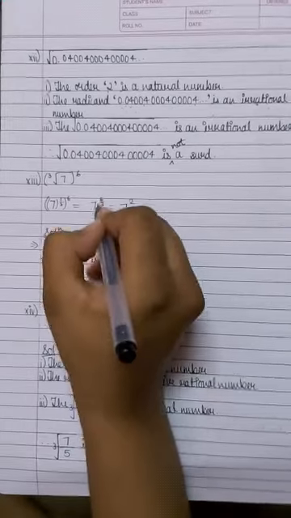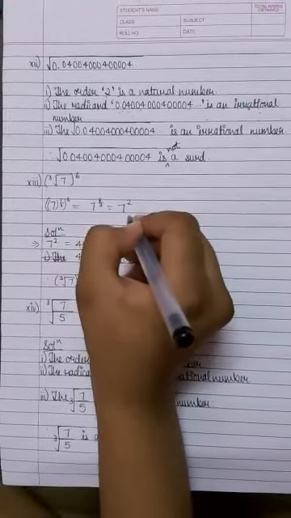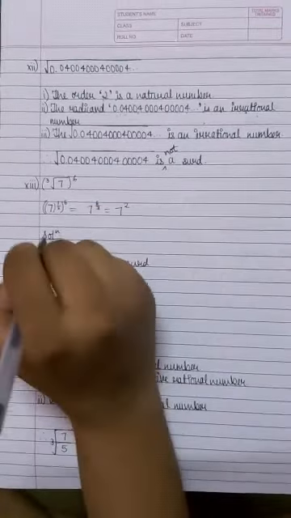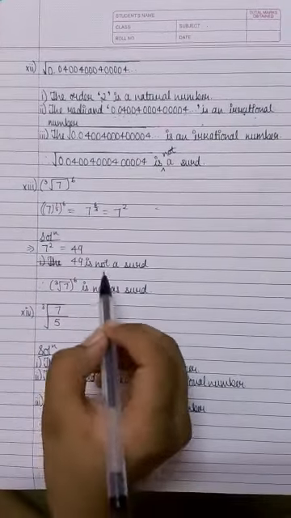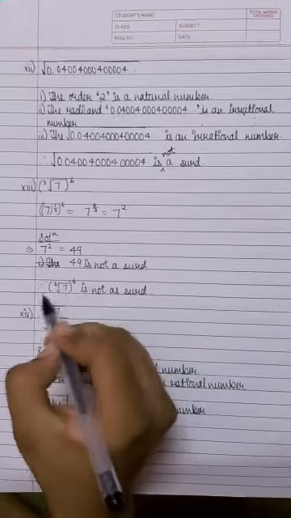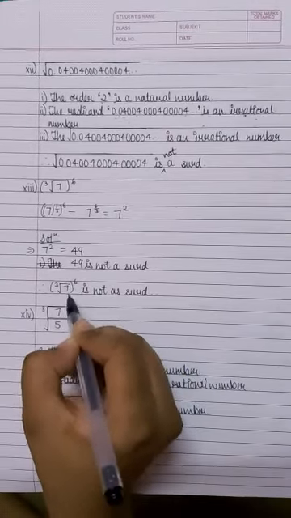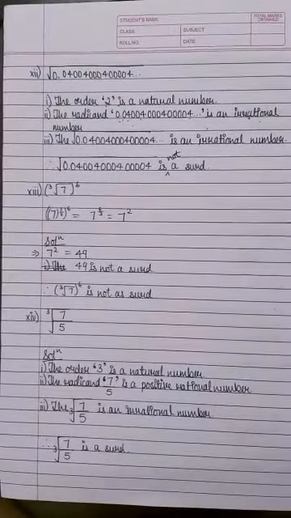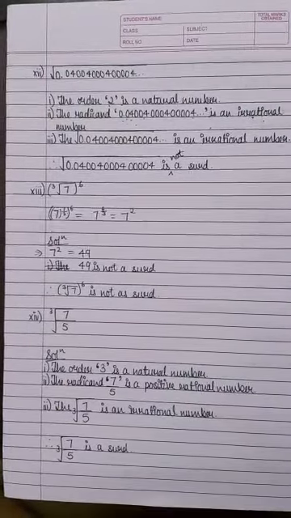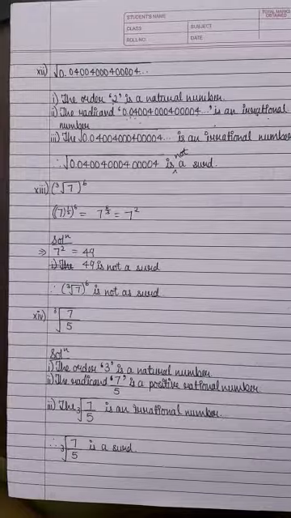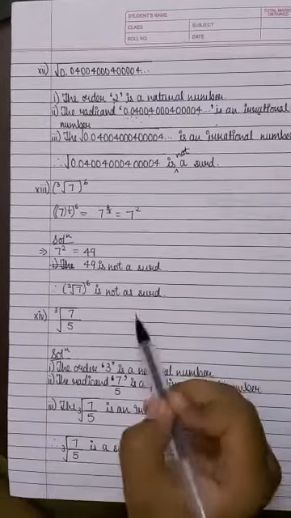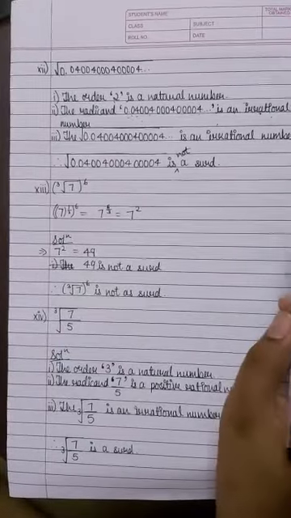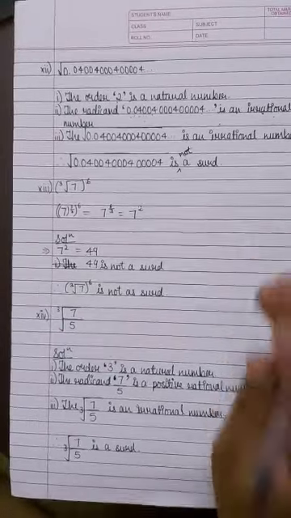So we can write 6 by 3, and 6 by 3 is nothing but 2. 7 to the power 2 is 49, and 49 is not a surd. So we write third root of 7 raised to 6 is not a surd. It's as simple as that. Or you can write 49 is a rational number. That is also going to be accepted here, as both are one and the same for this question. We are proving that it's not a surd or it's a surd.